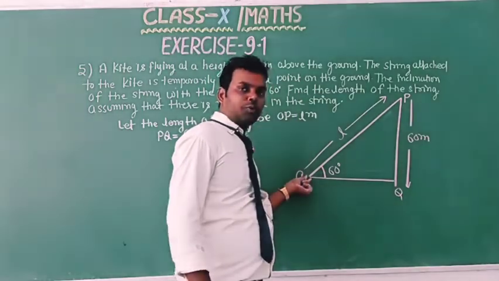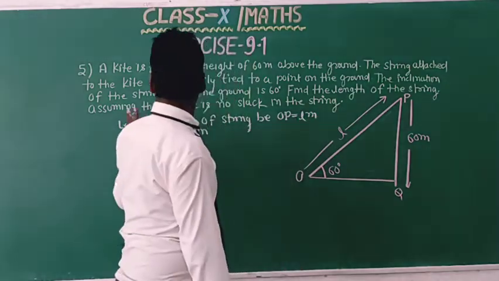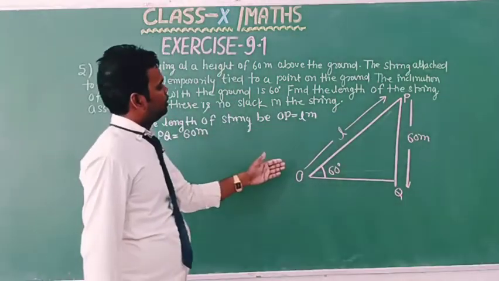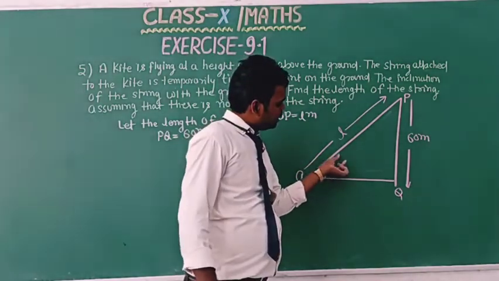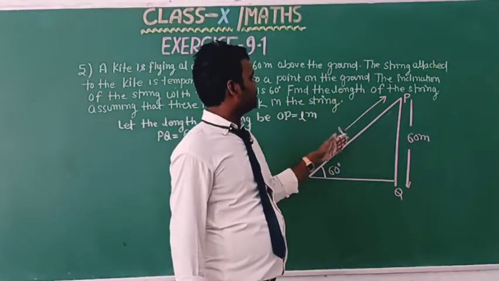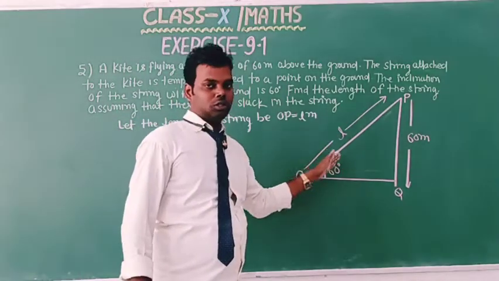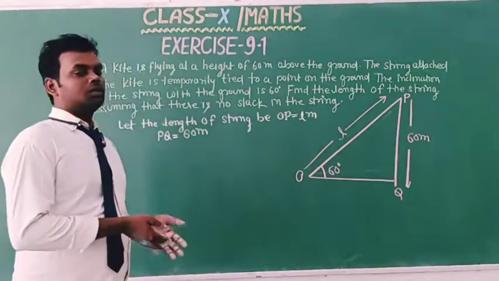The inclination of the string with the ground is 60 degree. Find the length of the string assuming there is no slack.